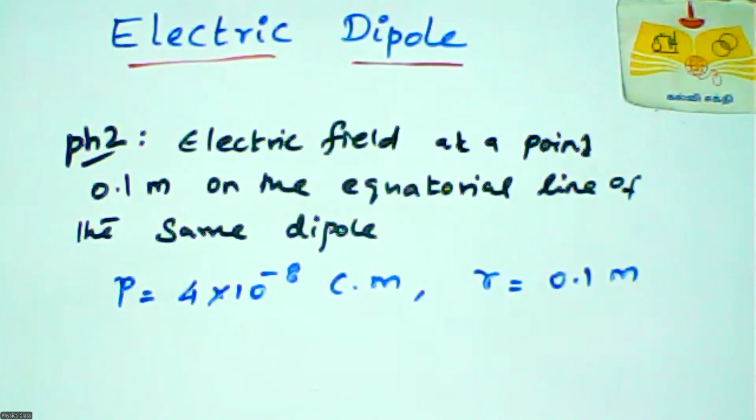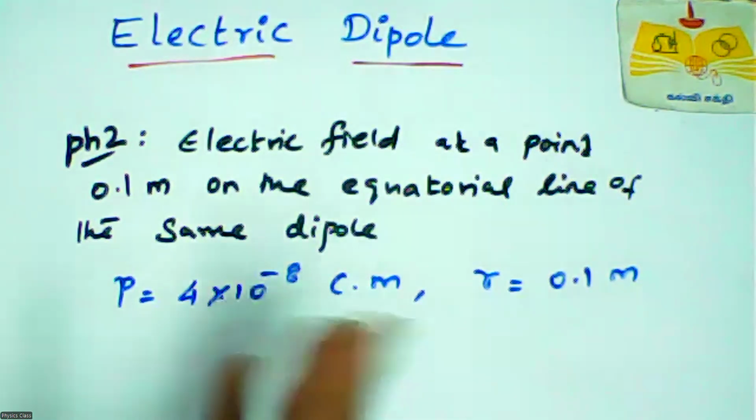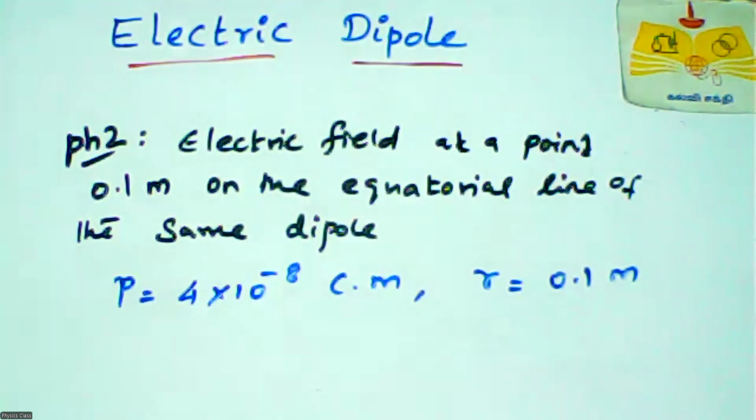Is it correct? We use the simplified formula for the equatorial line of a short dipole, because you already know that r is much greater than a, so we can use the short dipole.